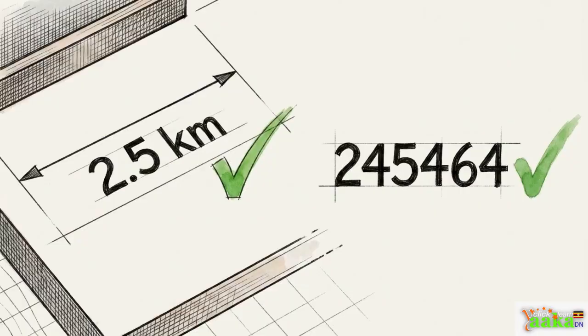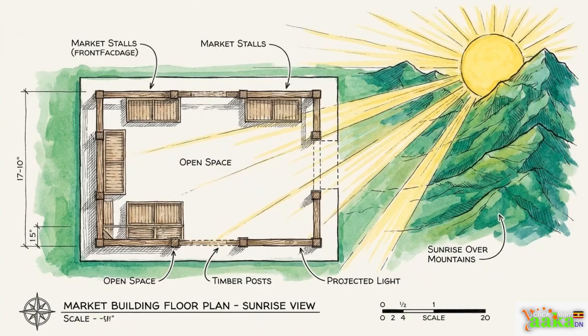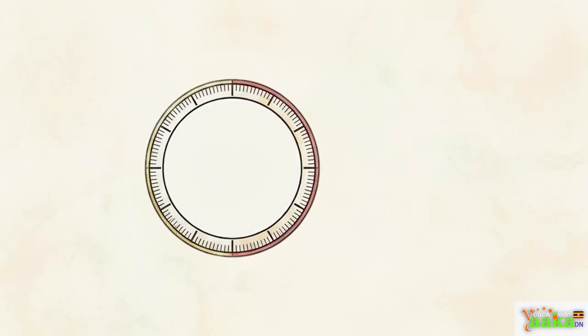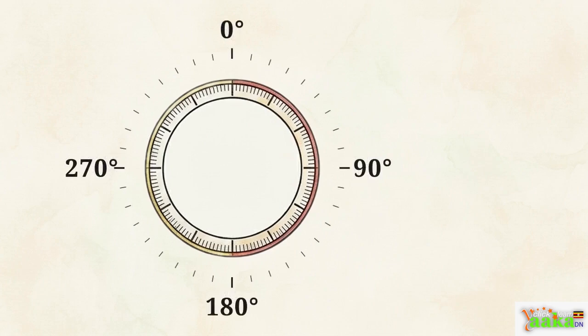We have our distance and our exact location. The final local problem is orientation. Which exact direction should the front doors of the market face to catch the early morning sunlight? Looking at this diagram, we overlay a 360-degree compass ring right onto our site. This introduces a system called bearings, which is far more precise than simply pointing north, south, east, or west.